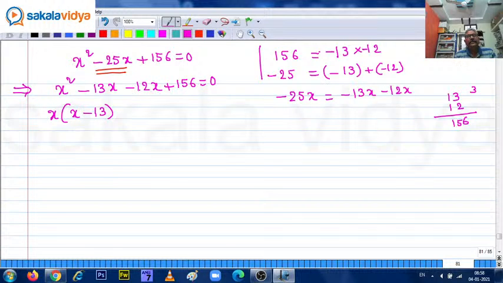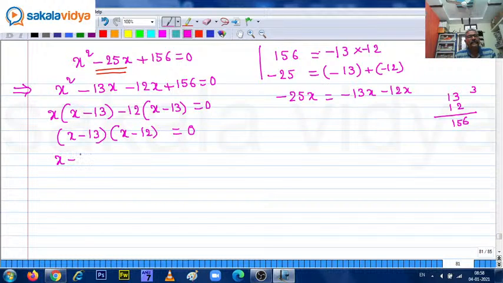Similarly, take minus 12 common from the remaining two terms, so we get x minus 13 again. Taking x minus 13 common, we have x minus 12 equals 0. So x minus 13 equals 0 or x minus 12 equals 0. So x is equal to 13 or x is equal to 12.